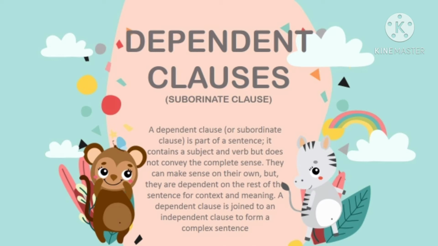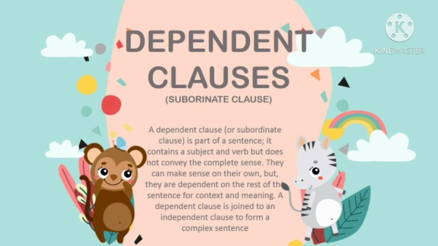So, now we are going to discuss the second type, that is the dependent clause or subordinate clause. A dependent clause or subordinate clause is a part of a sentence.